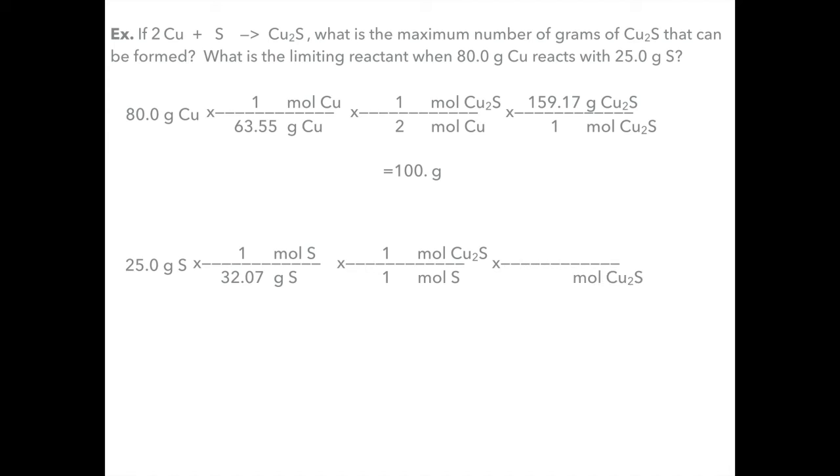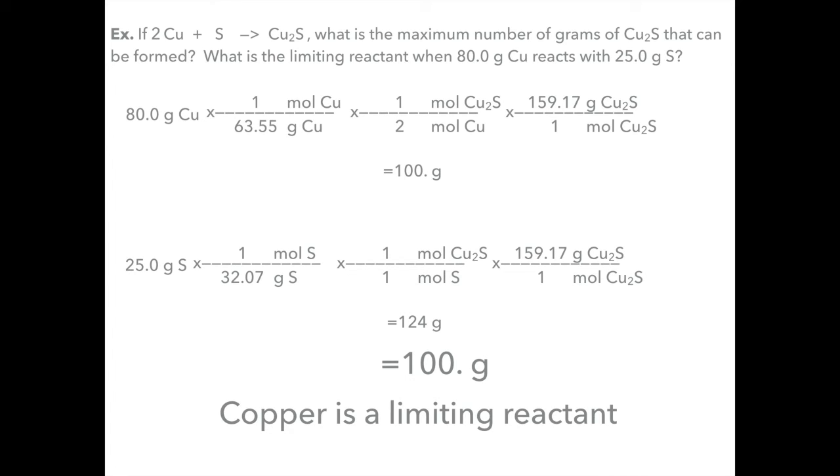Then I'm going to put moles of copper 1 sulfide on bottom, grams up top, molar mass of copper 1 sulfide, and then 1. And that produces 124 grams, which tells me that only 100 grams of copper 1 sulfide can be produced, because after that, all of the copper is gone, meaning copper is your limiting reactant. Okay, and there's excess sulfur.